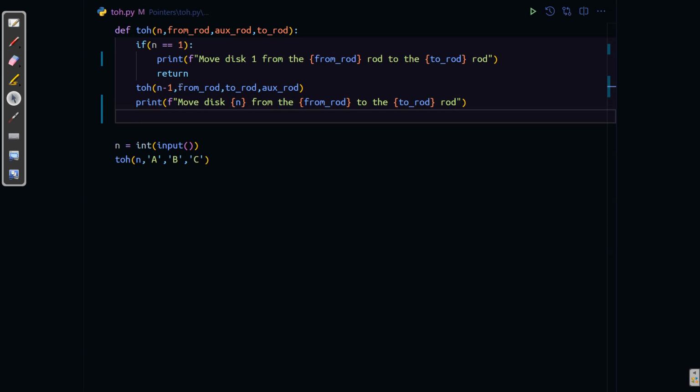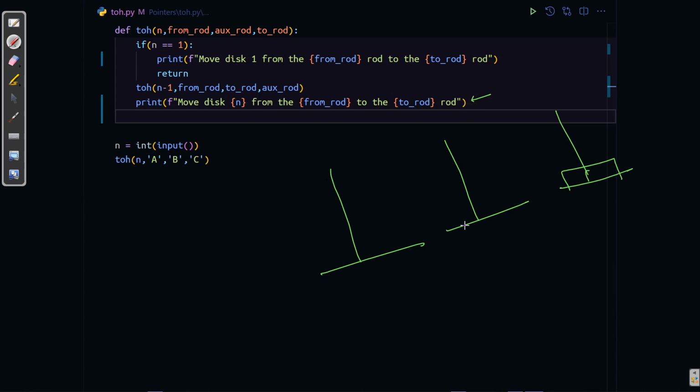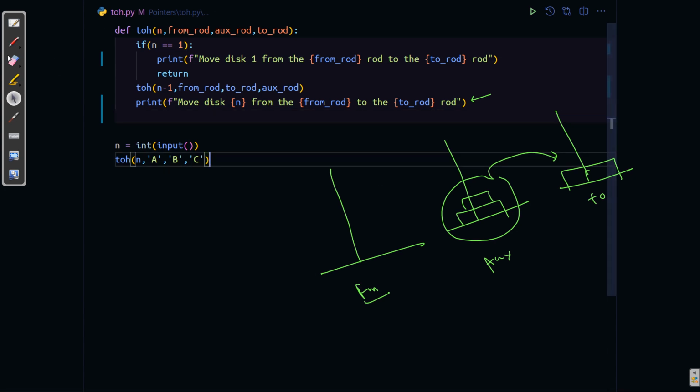Why do we have to call recursion again? What is the current condition? The base block has already reached here by this statement. We have two blocks here. What do you have to do to move them from this position to this position? From the auxiliary position to the to position, by using from as the auxiliary. So here we just change these values first, nothing else. You just have to do that and you are done.